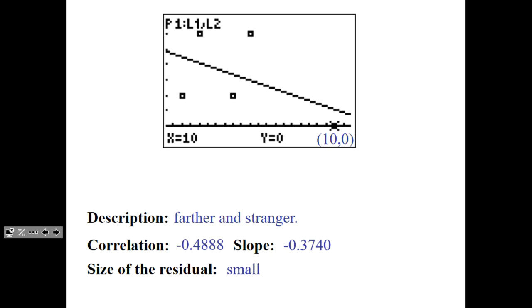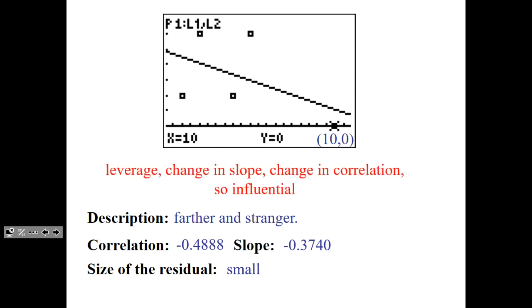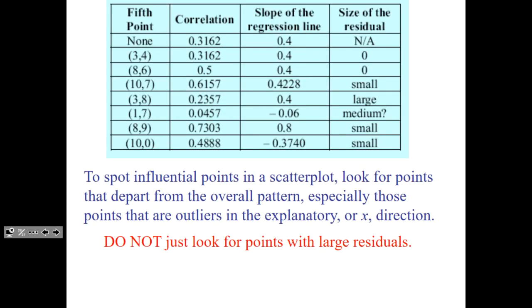Leverage, definitely. Very far away from the other x's. And influence, clearly. Big change in the slope, change in the correlation, definitely influential. I mean, take all that data, put it together, and we notice we can look at our influential points in the scatter plot. We look for points that departed from the overall pattern.